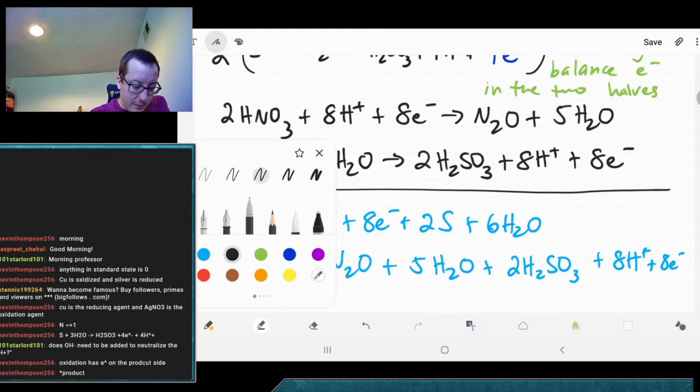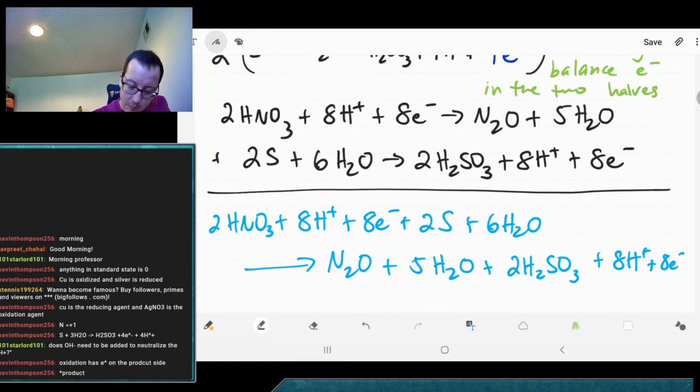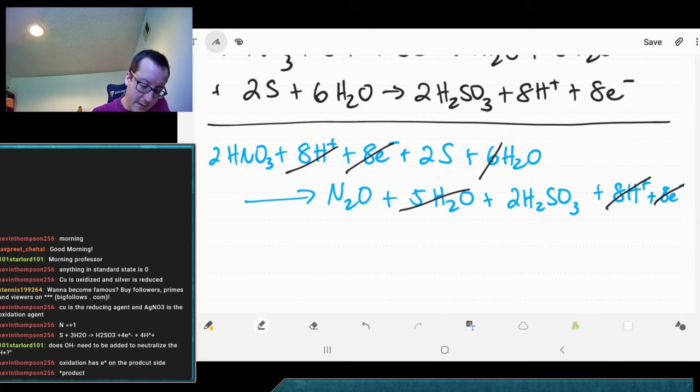Doing all this fun stuff, we see that we are going to cancel out our hydrogens and our electrons. We're going to cancel out 5 of those waters. And so we're going to see overall what we need for this reaction to be balanced.